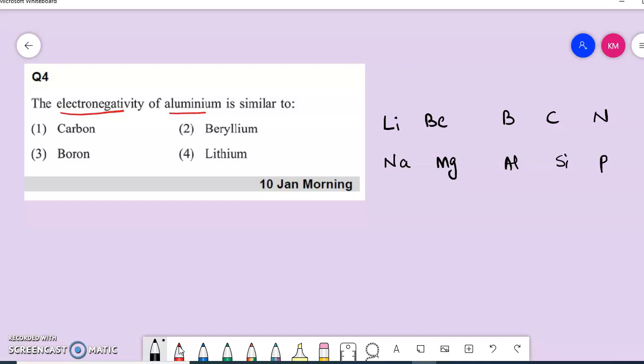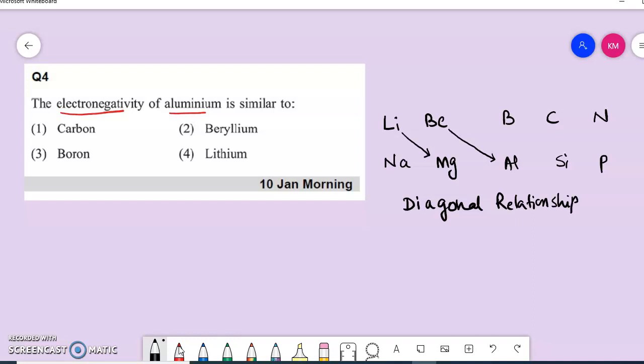Because of the small size and high polarizing power, a few elements have similar chemical and physical properties. Now if you see the second period element, lithium has similar properties with magnesium. Beryllium has similar properties with aluminium. Right? This type of relationship is known as a diagonal relationship.